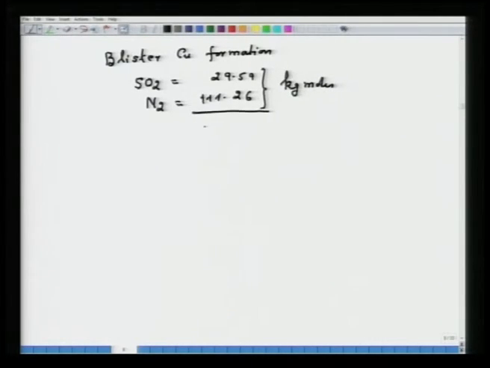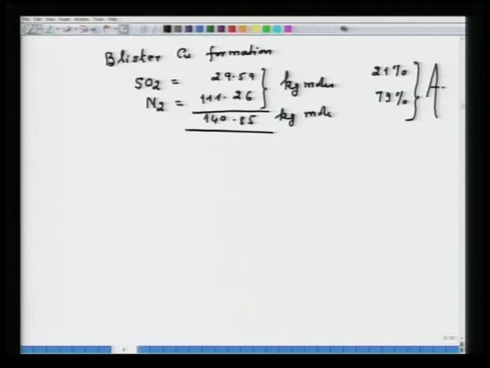So, the total amount will be 140.85 kg moles and the volume will be 140.85 into 22.4 meter cube, and the percentage would be 21% SO2 and nitrogen is 79%. So, that is the answer for part D.